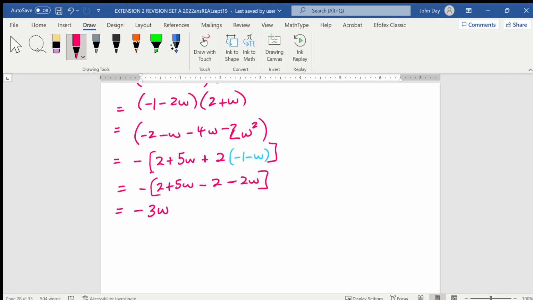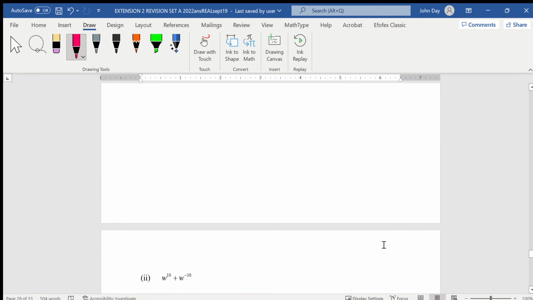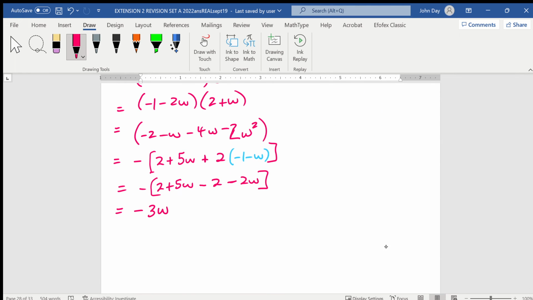Now, they said that w was the root with the smallest positive argument. So I'm not going to spend too long on this, but if I'm finding the complex roots of unity and they're spread evenly across the plane, it's pretty easy.